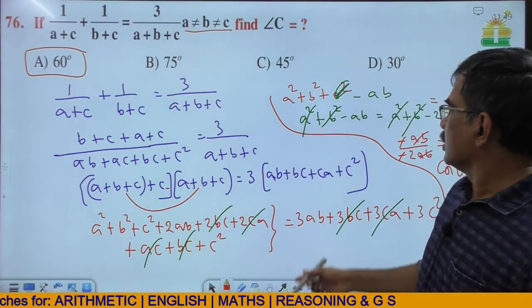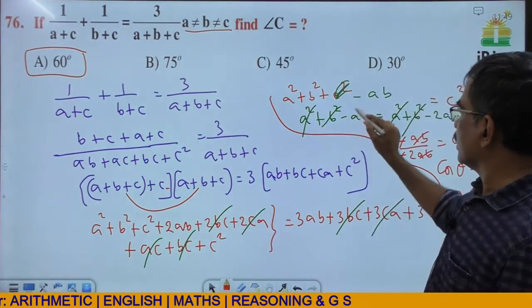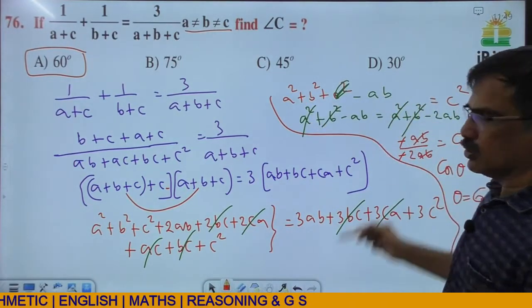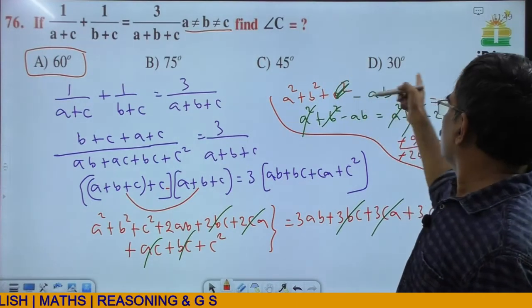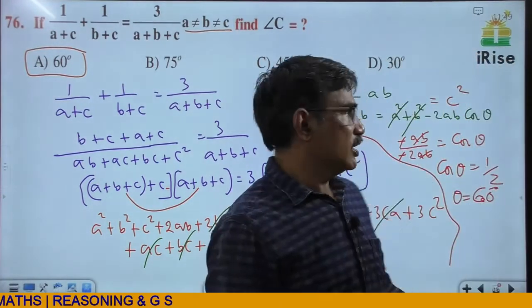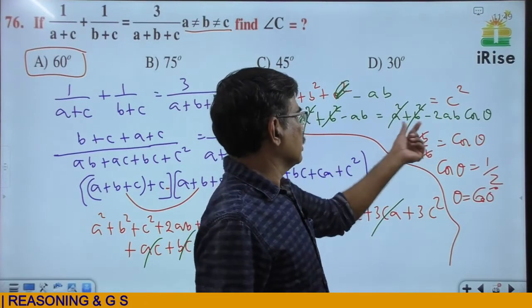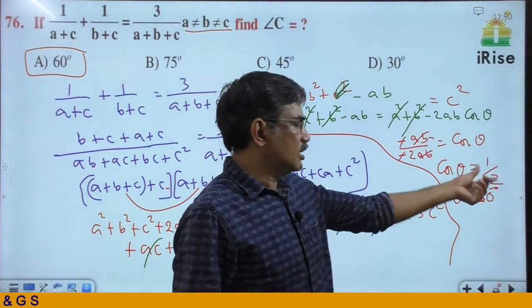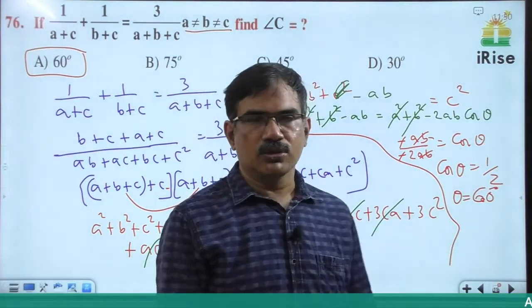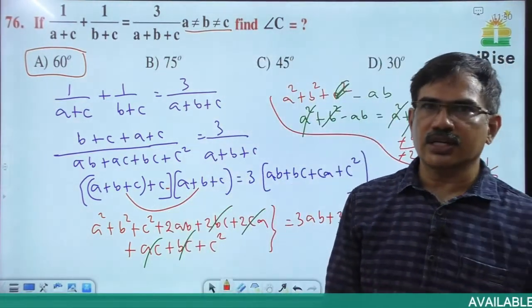So after getting a square plus b square minus ab is equal to c square, according to the cosine rule, c square is equal to a square plus b square minus 2ab cos theta. Here a square, b square cancel, minus 2ab, minus ab cancel. So cos theta is 1 by 2, so theta is equal to 60 degrees. Okay. Next question.